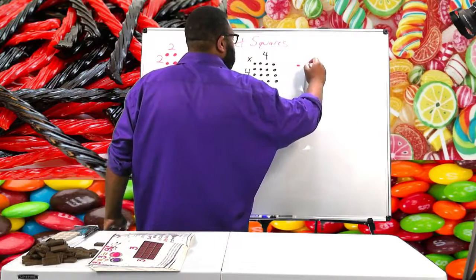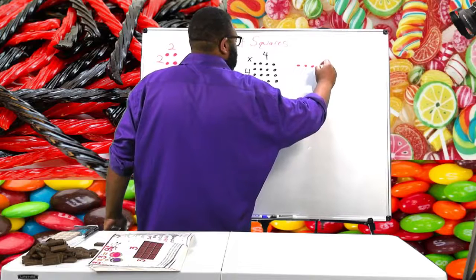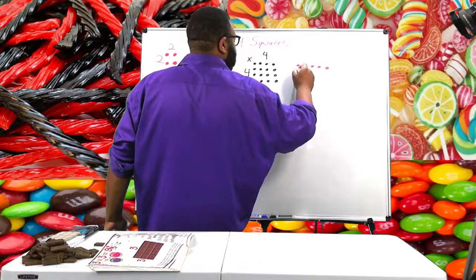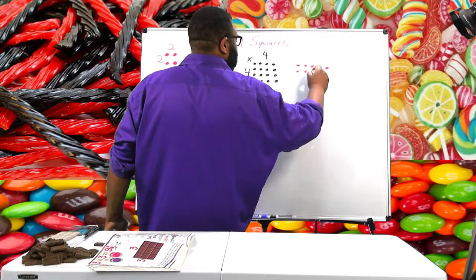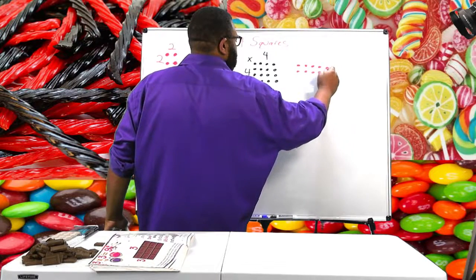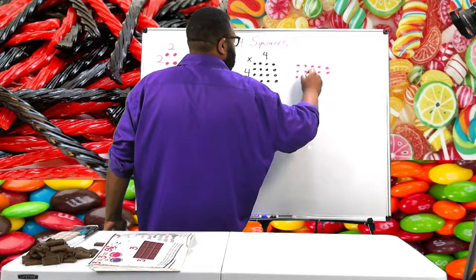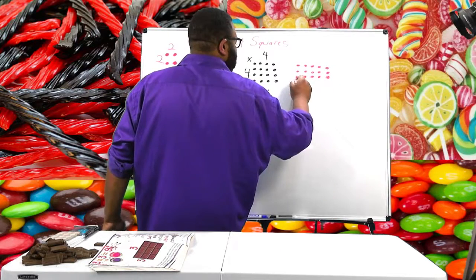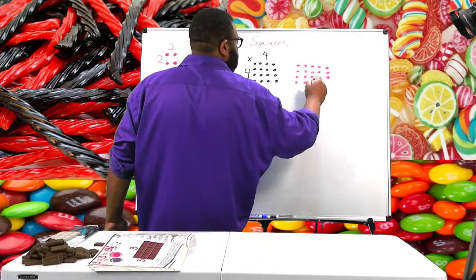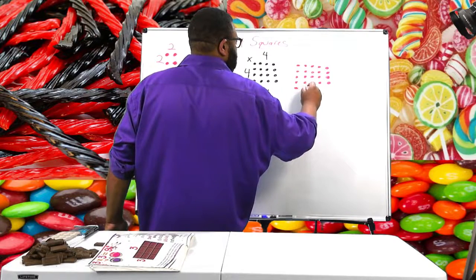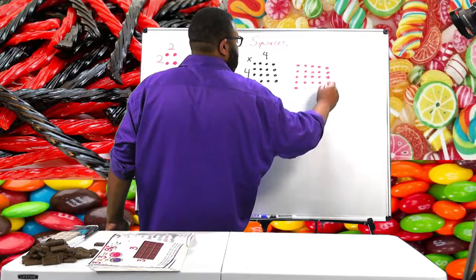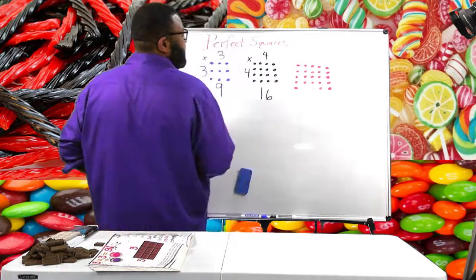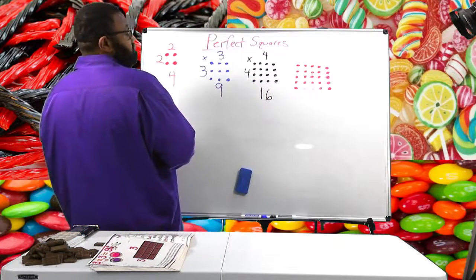One, 2, this is a 5 by 5. 3, 4, 5. There we go. Go ahead and multiply 5 by 5 for me and tell me what you get. Count by 5s. 5, 10, 15, 20, 25.